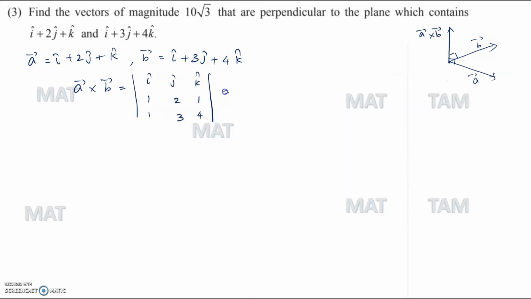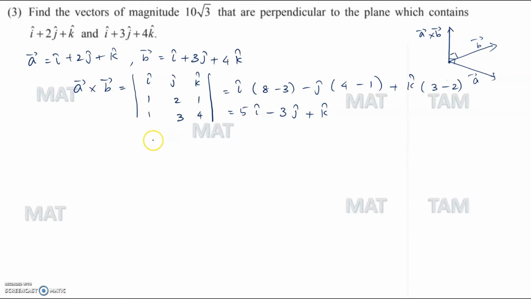So that's equal to i cap into 8 minus 3, minus j cap into 1 times 4 is 4 minus 1, plus k cap into 3 minus 2, which is equal to 5 i cap minus 3 j cap plus k cap.